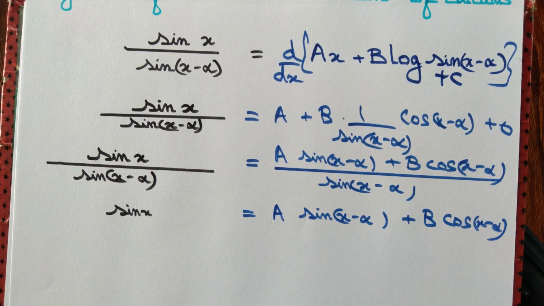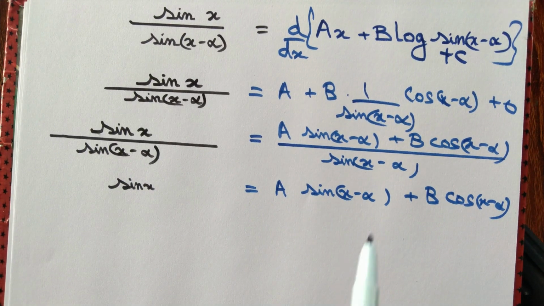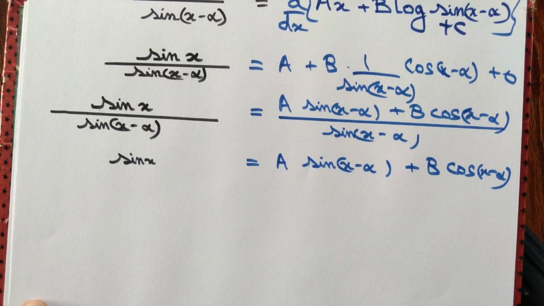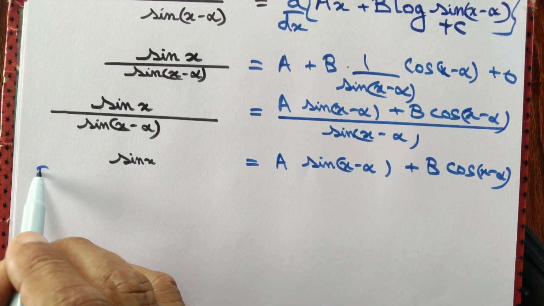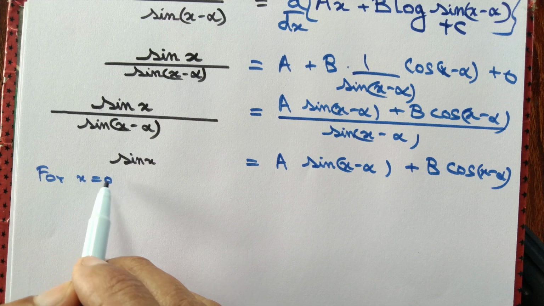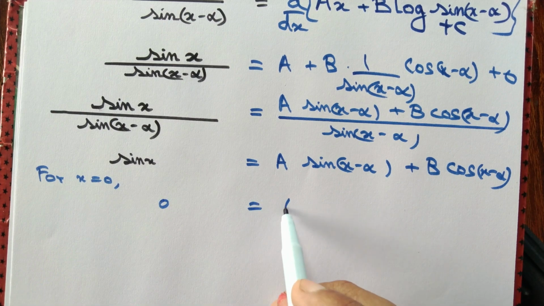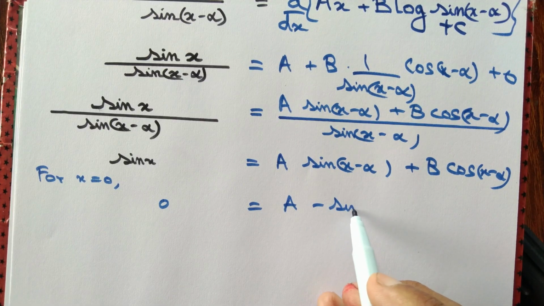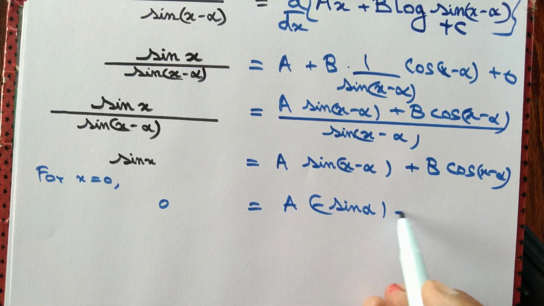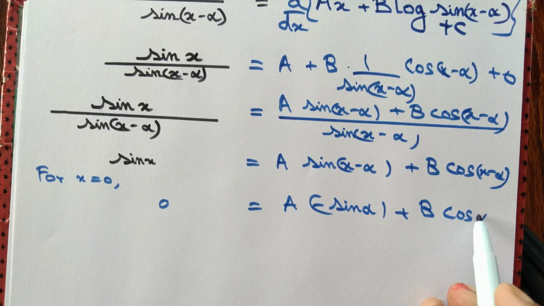Somehow we want to determine the value of a and b. If this is true for every value of x, then it should be true for x equal to 0 as well. For x equal to 0, sine 0 is 0, a times sine of minus alpha is minus a sine alpha, and b times cos of minus alpha is simply b cos alpha.